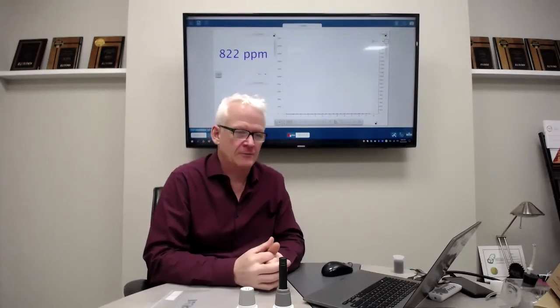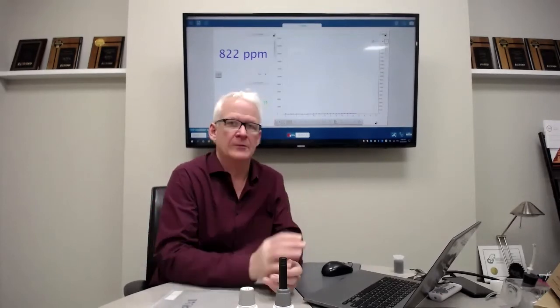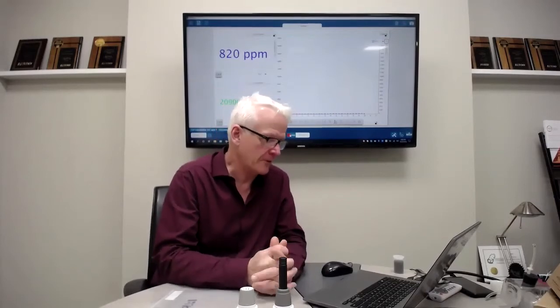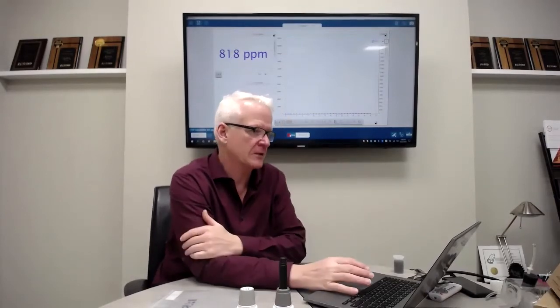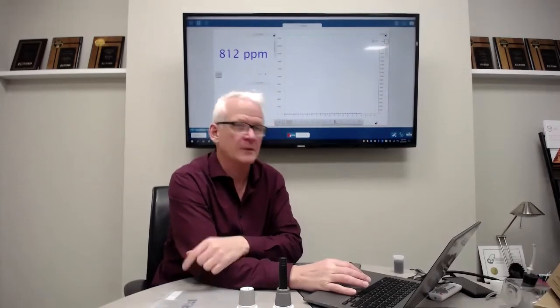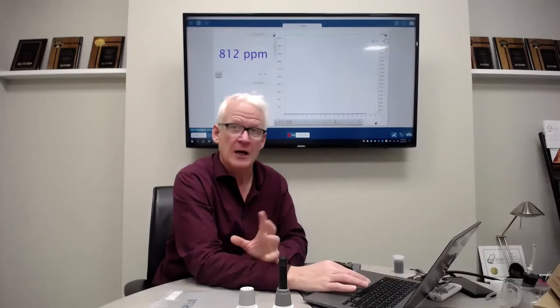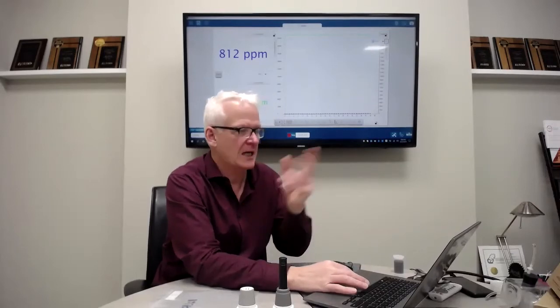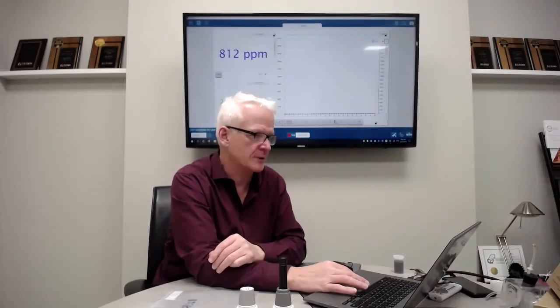Everyone concerned about global warming would be very concerned if that were the CO2 level in the atmosphere. That's simply the CO2 level in this room. It's a very contained room, so it's not surprising to see it so high. Outside, it'll be about 400 to 420 parts per million.